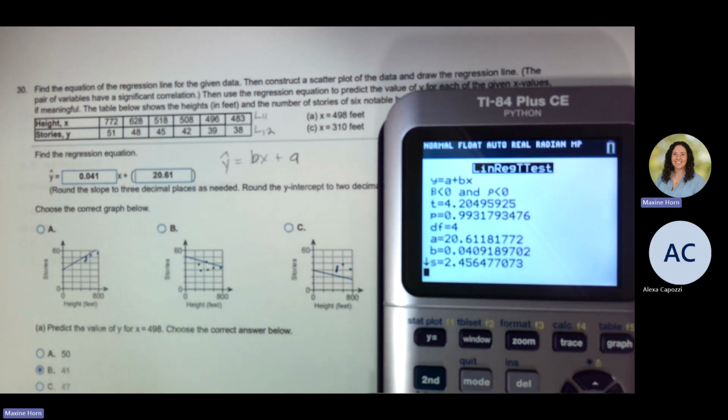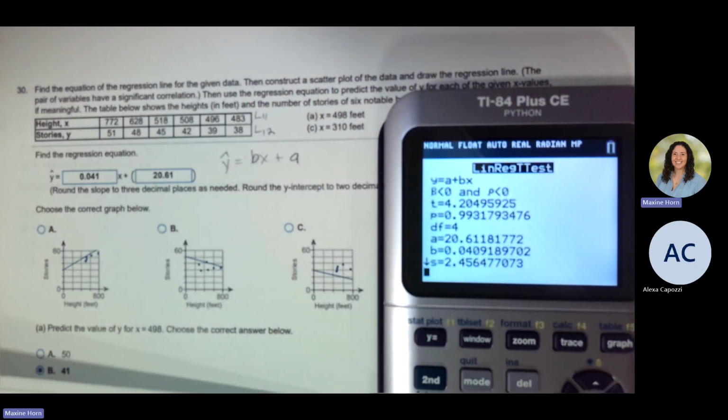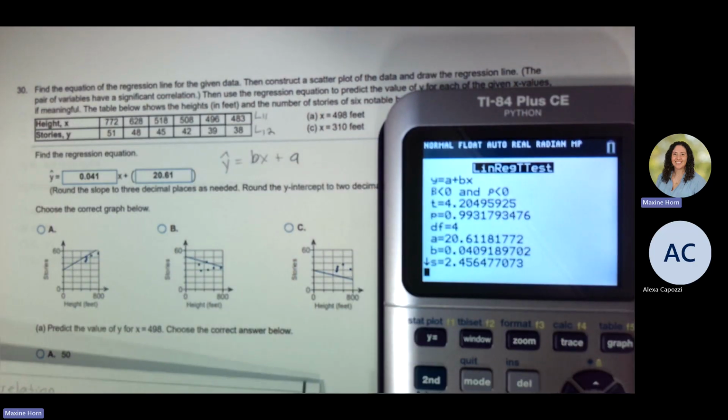Okay. Then they want us to choose the correct graph. So here's where some more of this comes into play. What we're going to do is we do want to graph this, right? So we're going to go to, see up here where it says stat plot.